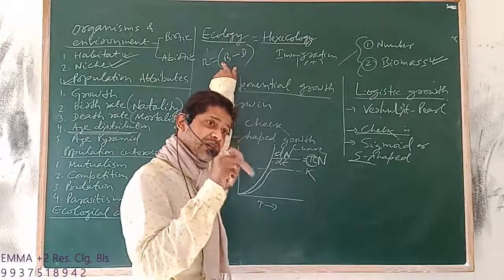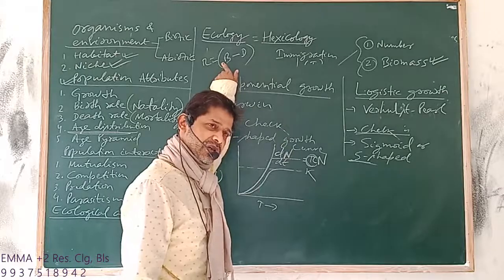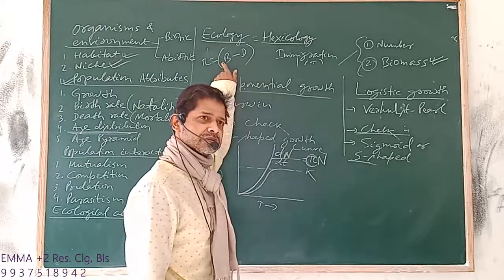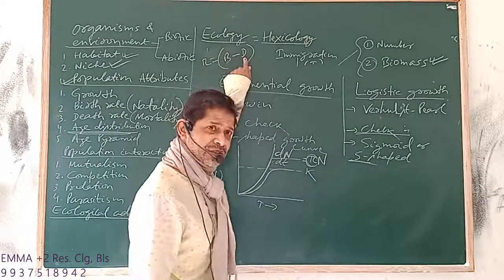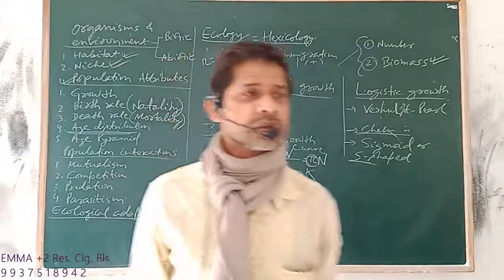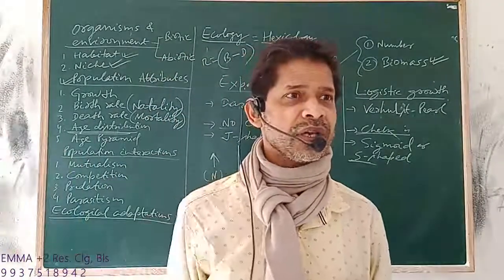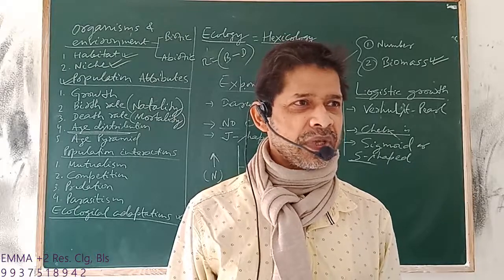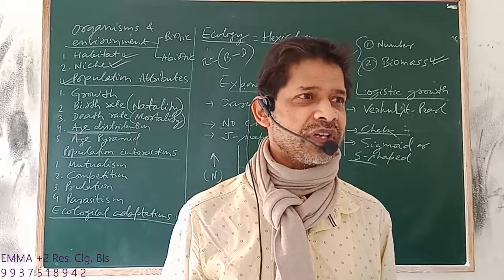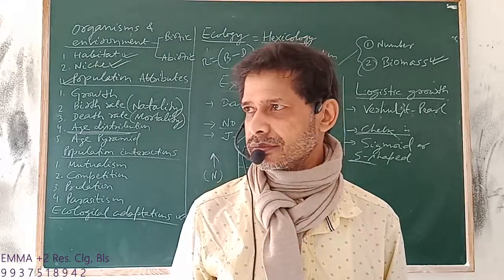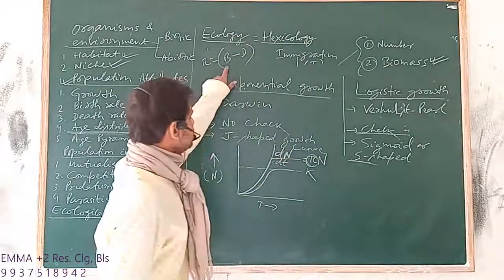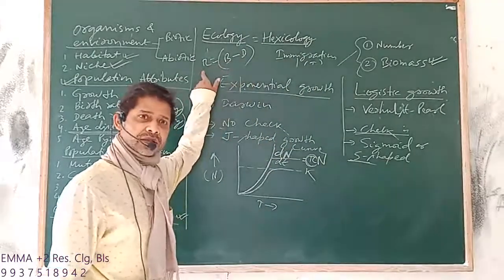So at that time, R value was low. Now you consider our death is less, but birth is more. Such type of individuals making our population more dense. So B minus D, it is R.